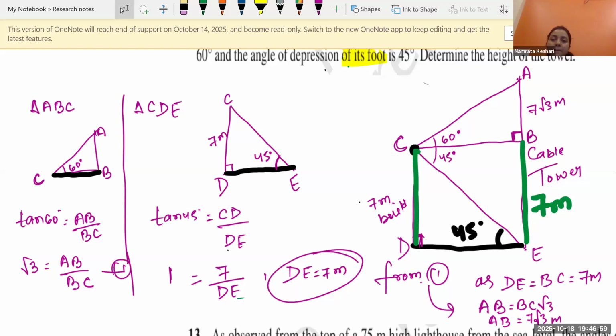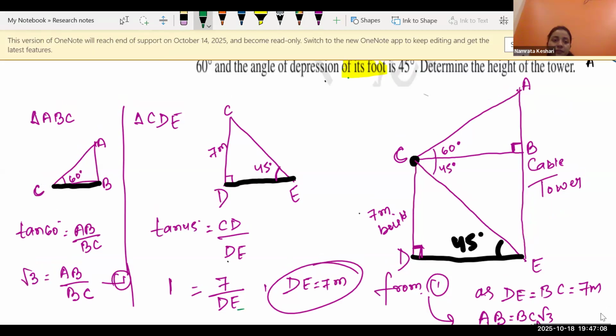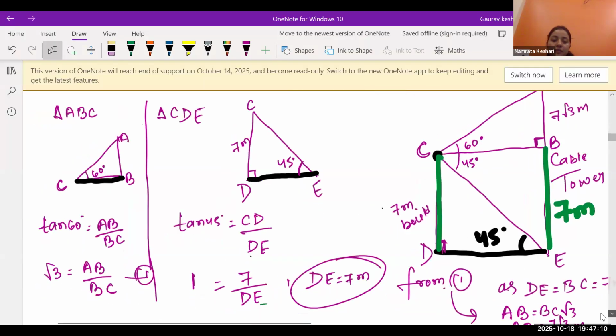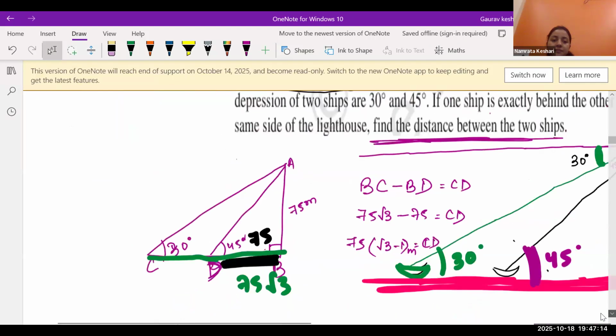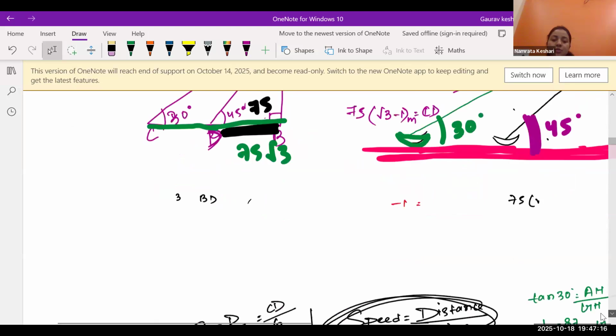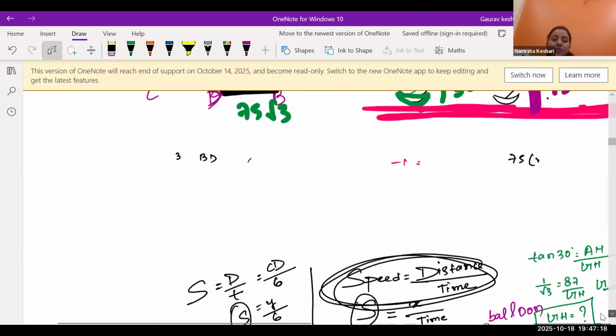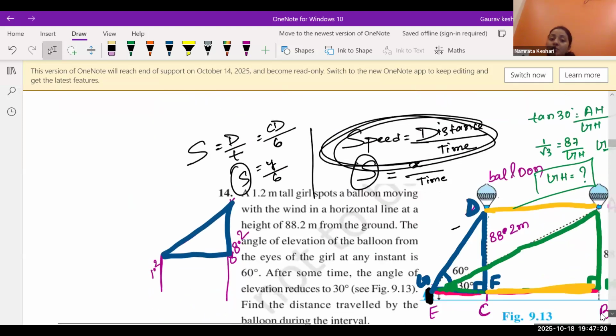Yes, ma'am. Okay, 13 we have done. Let's do 14. Question number 14, you will be drawing the figure. Okay, I think 14 also we had done.